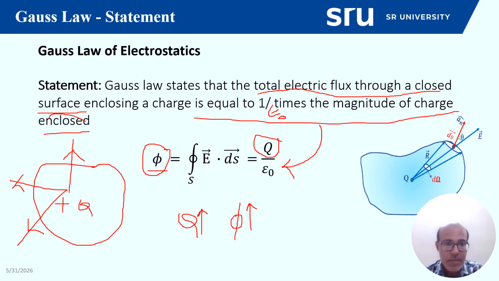Essentially, the Gauss law of electrostatics states the flux through a closed surface enclosing the charge is equal to 1 by epsilon naught times the magnitude of the charge. Phi is equal to the integral over the closed surface, with a circle on the integral, E dot ds.